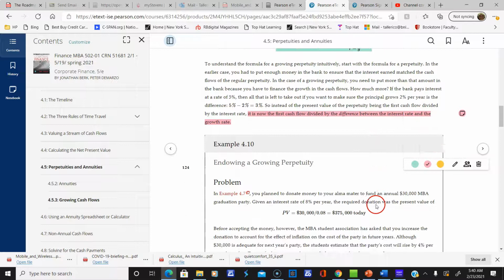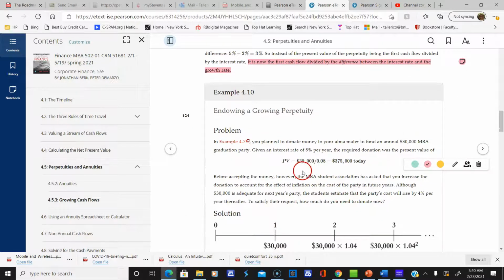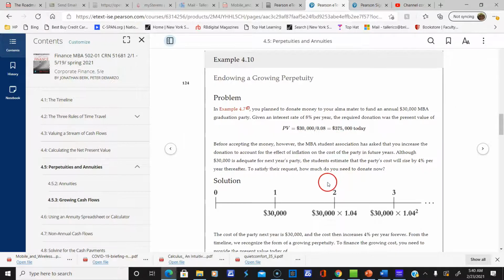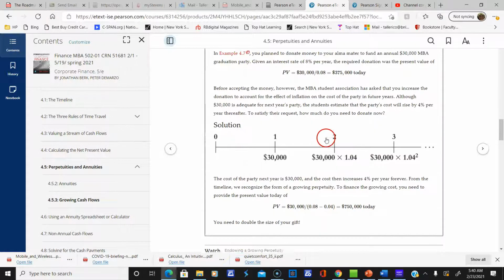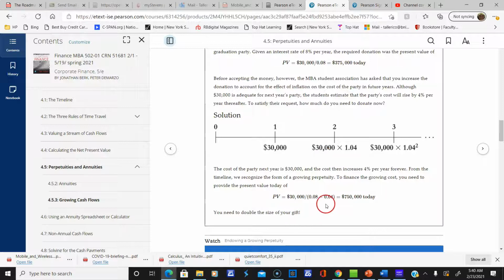Here's a nice example about endowing a growing perpetuity. Again, the math is so simple. Here was the previous example, but now it's going to grow. You can see it's got a growth rate of 4% per year.